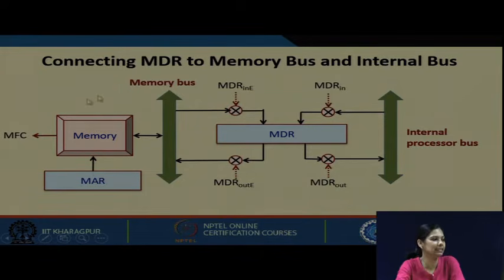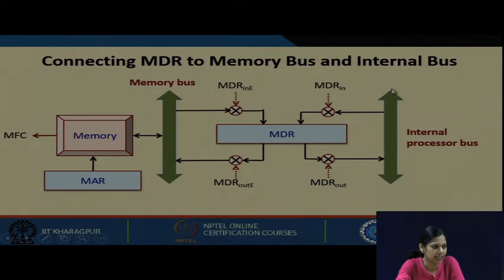Now, let us see the connection of MDR. You already know that MDR is a register which is connected to the internal processor bus and it is also connected to the memory bus of the system. So, in this particular case, we require 4 switches.